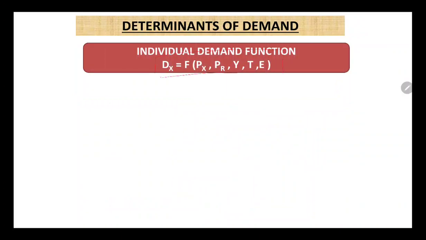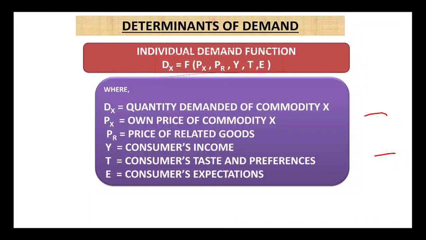Now Dx is the demand for the commodity X, where the factors are the own price, Px represents the own price, Pr is the price of related goods, which has substitute goods, and your complementary.